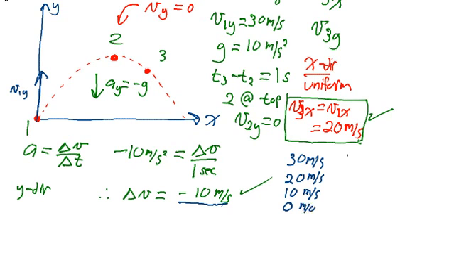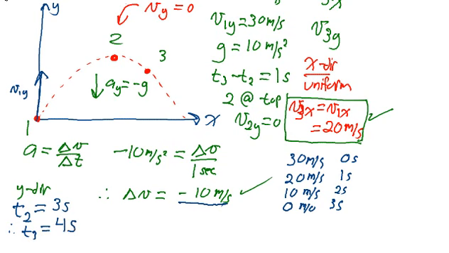So if this is time 0 seconds, 1 second, 2 seconds, and 3 seconds, we've established that the time at the top of our trajectory is going to be 3 seconds after the experiment started, and therefore the time at point 3 that we're really interested in is going to be 4 seconds.